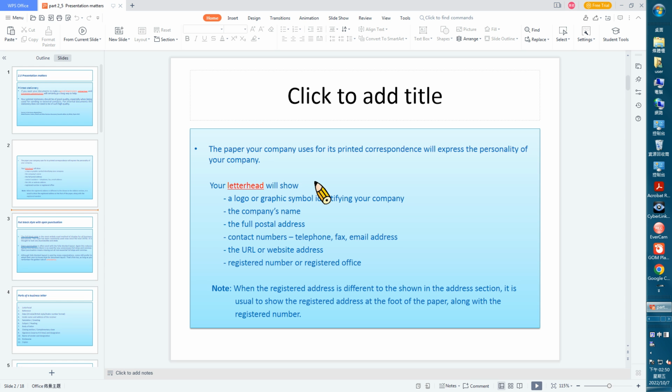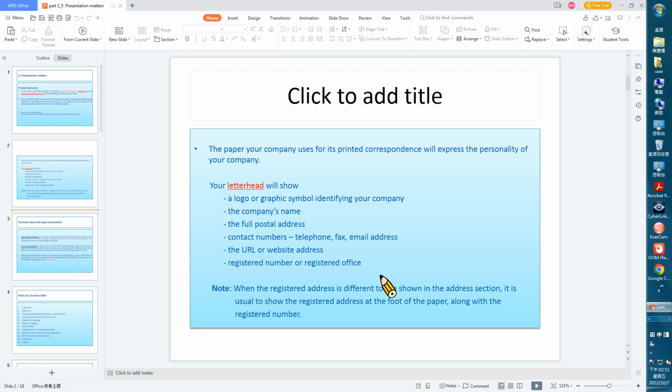Your letterhead will show a logo or graphic symbol identifying your company, the company's name, the full postal address, the contact numbers, including the telephone, fax, and email address, the URL or the website address, the register number or the registered office.